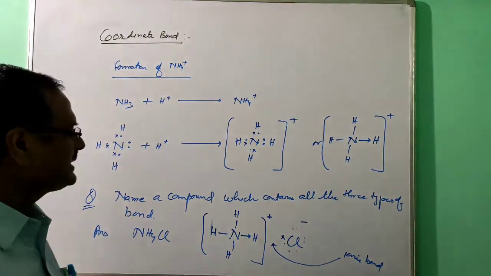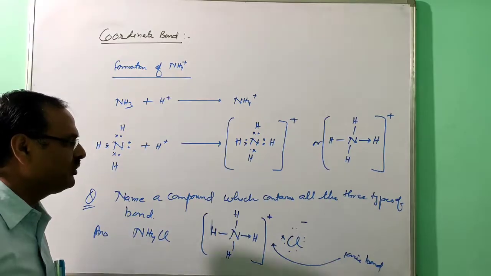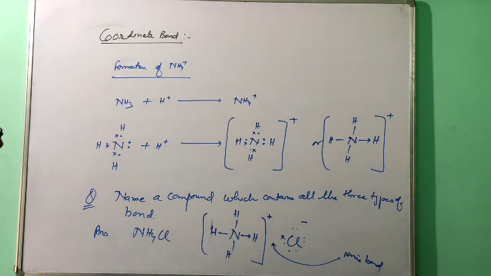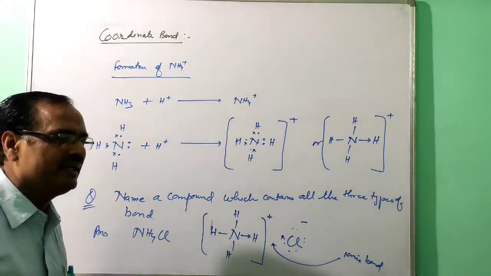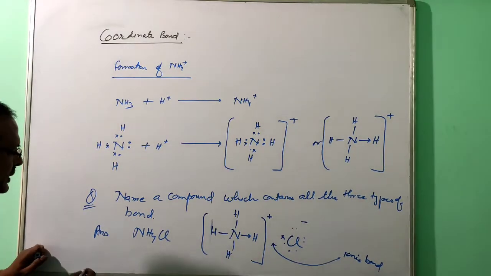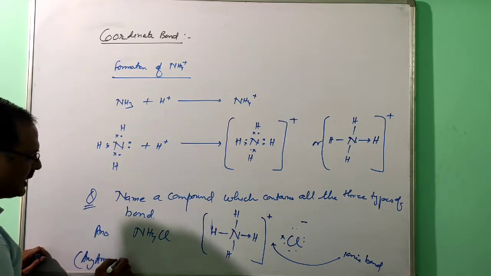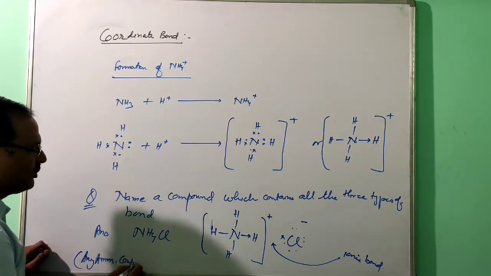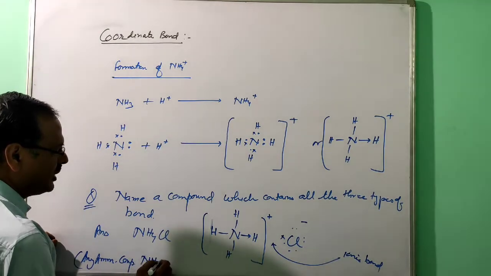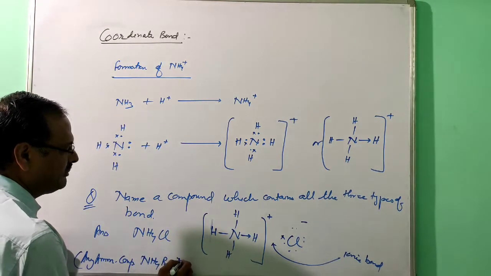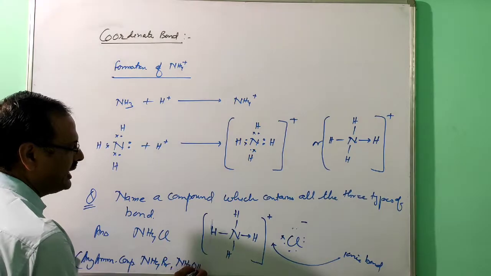So this is the answer to the question, name a compound which contains all the three types of bond: ammonium chloride, or in place of ammonium chloride, any ammonium compound you can write. Any ammonium compound means ammonium bromide, ammonium hydroxide, any one you can write.